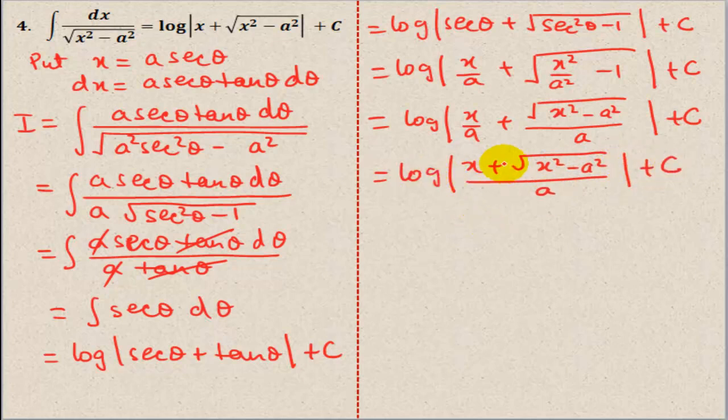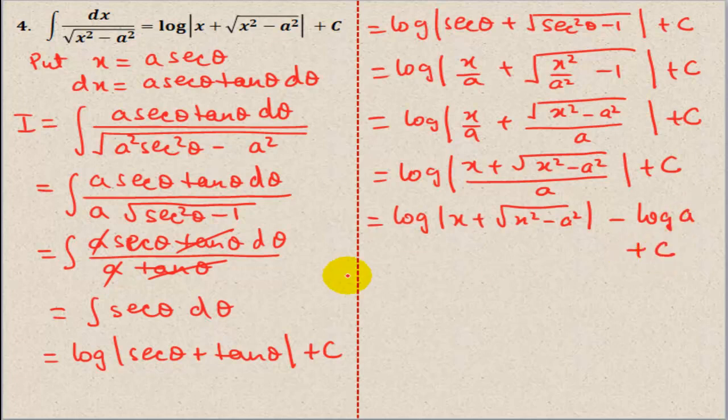Now if you see, it is in the form log m over n. So we can write it as log m minus log n plus constant of integration.